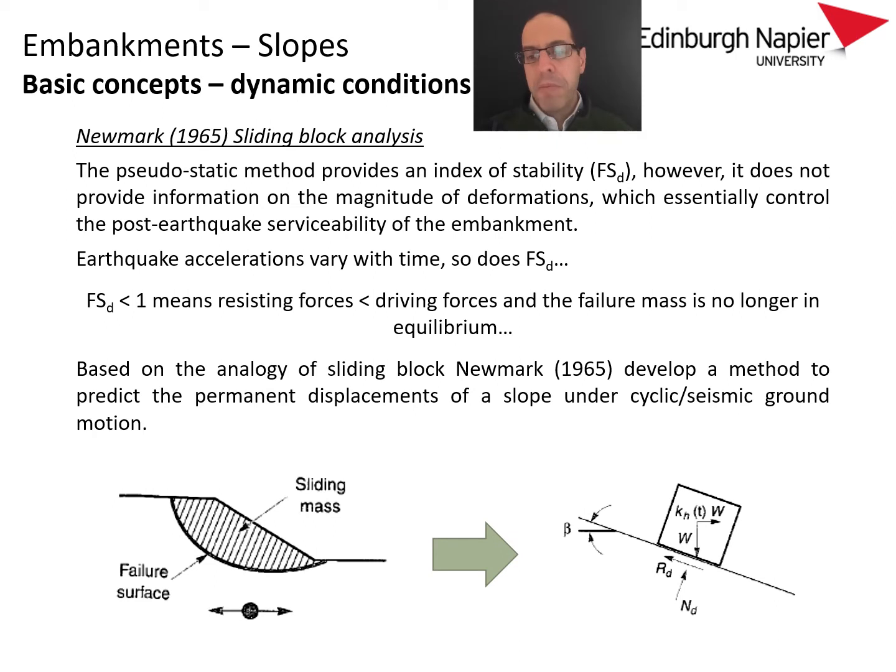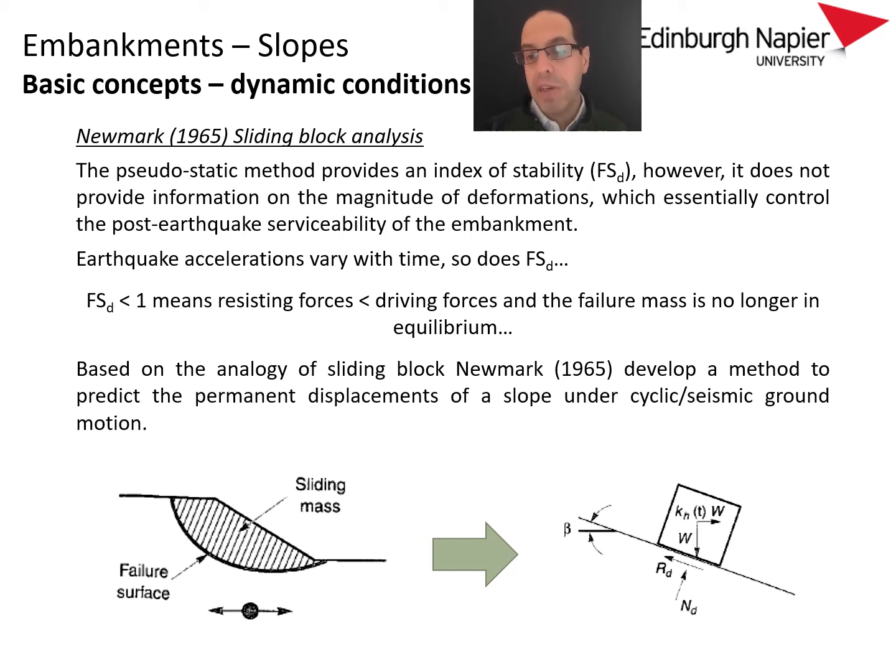Also, as you might be aware, the limit equilibrium provides no information at all about the deformation of the slope or embankment after the earthquake conditions, in the same way that any of the methods of slices under static conditions do not provide information about the deformations.